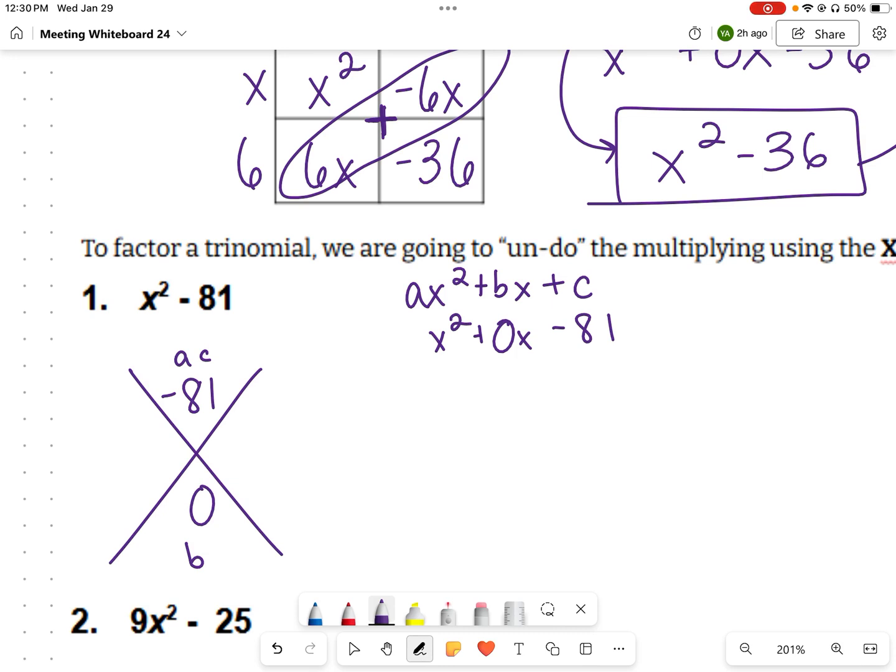So I need to find the numbers that multiply together to get negative 81, but add to give 0. So go to your calculator. And we're going to put in negative 81 divided by x and hit second graph.